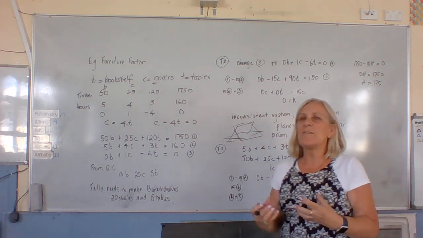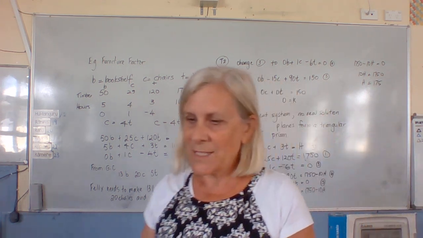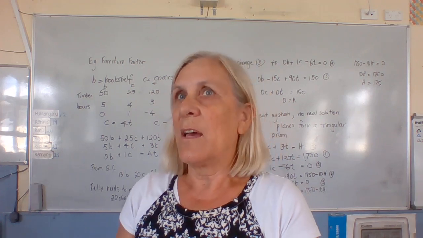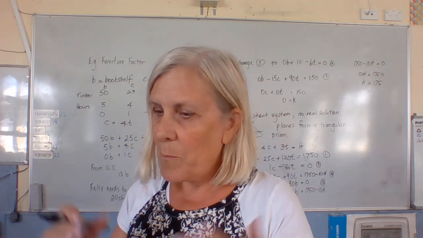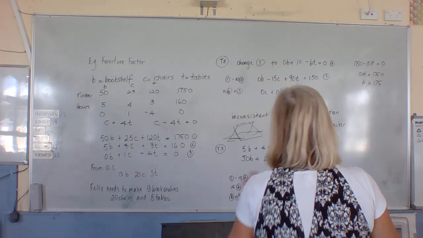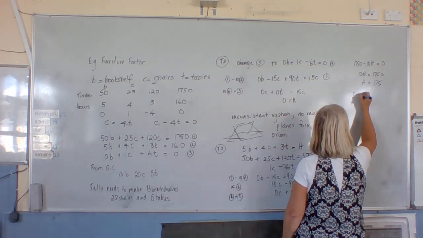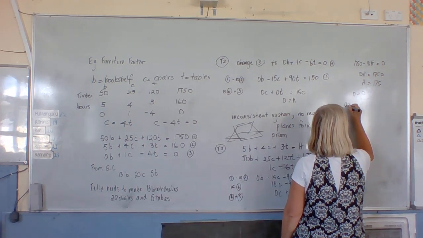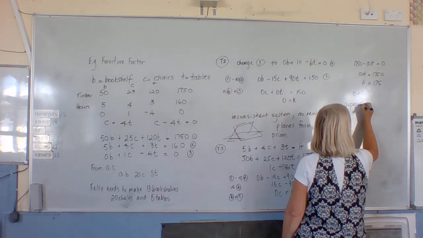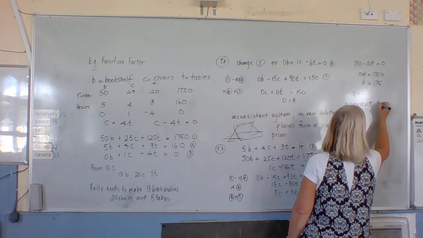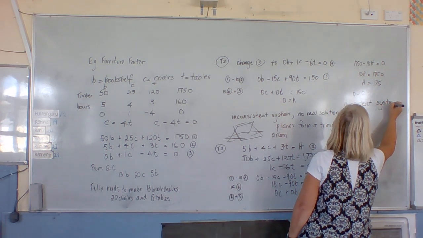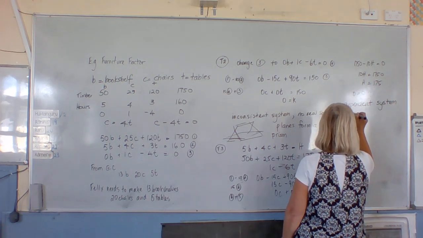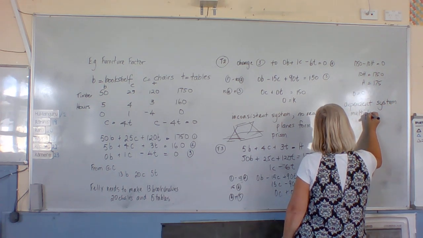So 175 hours is the ideal. But that now gives us our 0 equals 0 situation. So we've got a dependent system, which means we've got multiple solutions. Here's where the excellence comes.